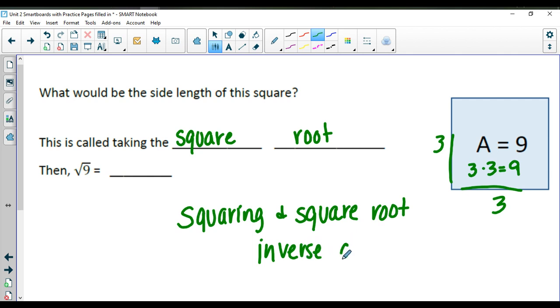They undo each other, kind of like addition and subtraction undo each other, and multiplication and division undo each other. Squaring and square root are inverse operations. When we talk about square root, we have this little check mark box thing that goes around the number, and that's our symbol for square root. So the square root of 9, that's how you would read that, is equal to 3.